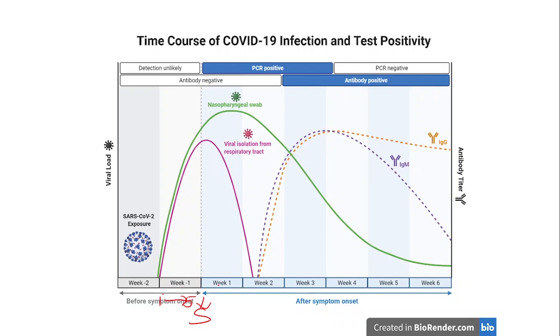After infection we can detect using RT-PCR or antigen test. The RT-PCR test will show negative after 3 weeks. Even after 3 weeks the antigen test may show positive, but after 3 weeks RT-PCR will not show positive. And after 2 weeks we can find antibodies in our system and we can detect these antibodies even after 6 weeks.